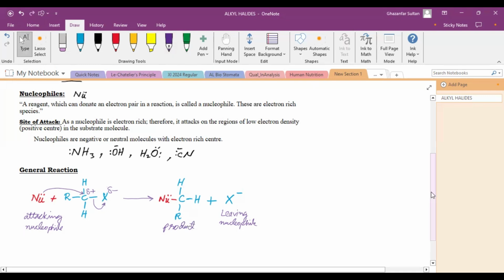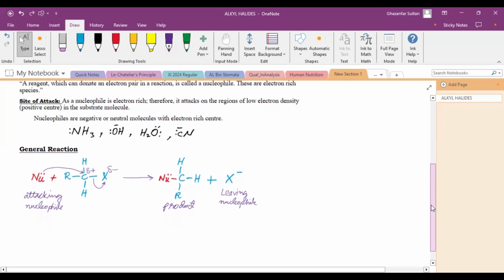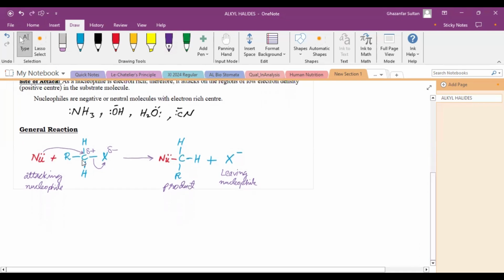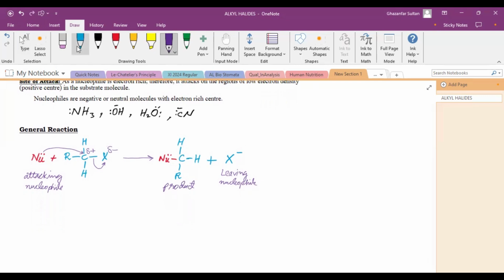Now another thing: the bond between carbon and halogen depends on the halogen atom. So the carbon-halogen bond in case of chlorine, bromine, and iodine is not of similar strength.